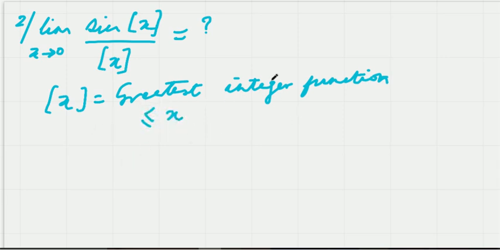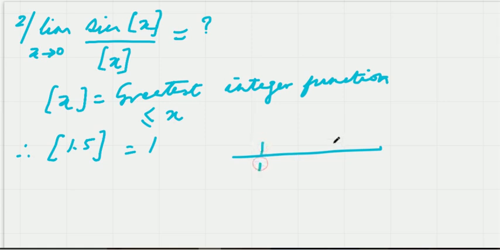Therefore, if I want to find the greatest integer function of x equal to 1.5, this will be equal to 1, because 1 is the greatest integer which is less than 1.5. If I write my integers here, 1, 2, 3, so 1.5 is here. So the greatest integer less than or equal to 1.5 is 1.